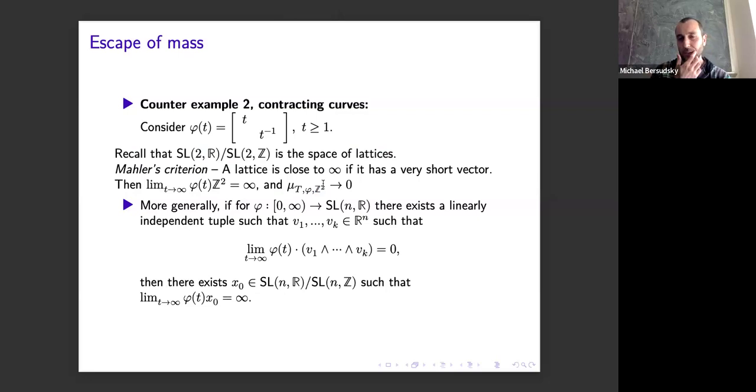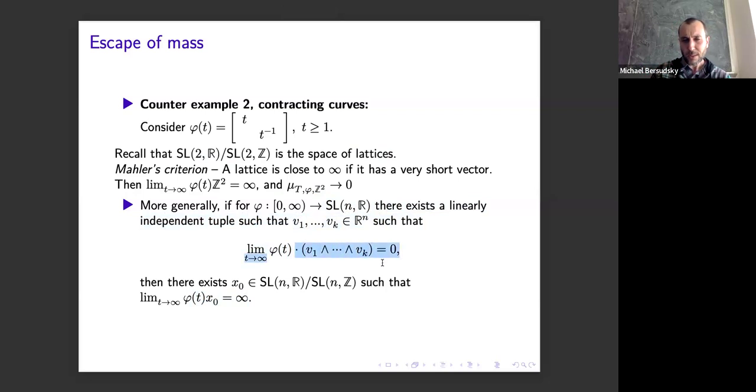More generally, if we take a curve in SLNR, and if there exists a tuple of linearly independent vectors such that this exterior product converges to 0, then there will be an n-dimensional lattice which converges to infinity.